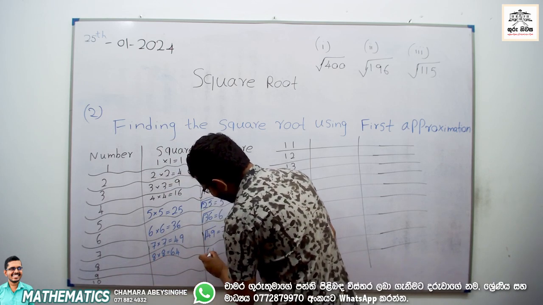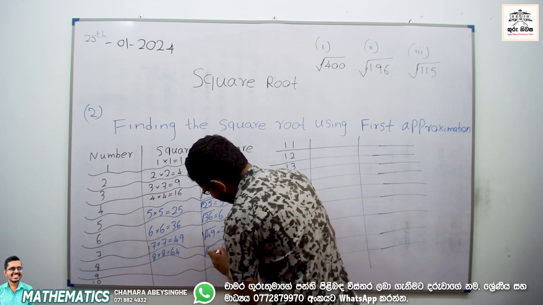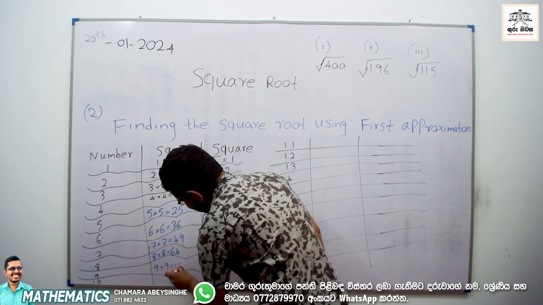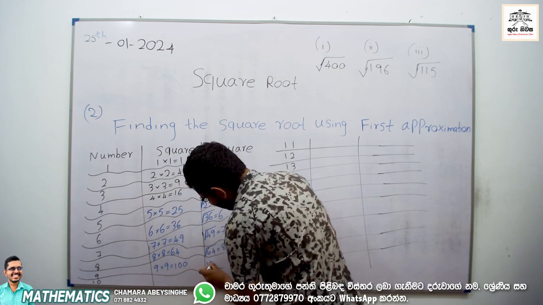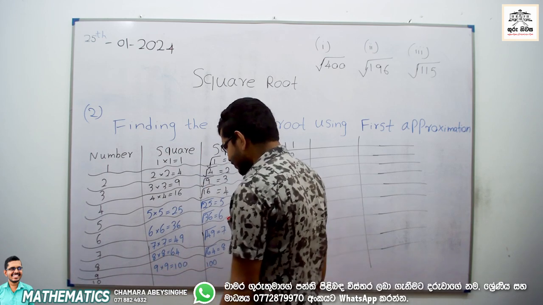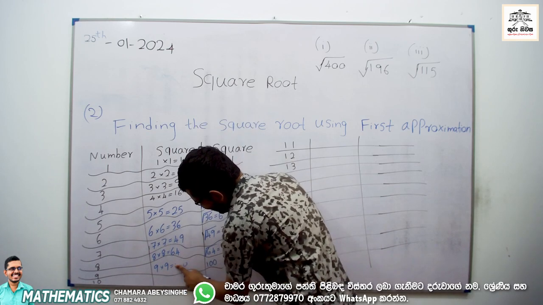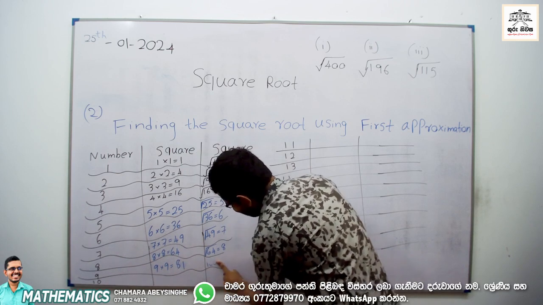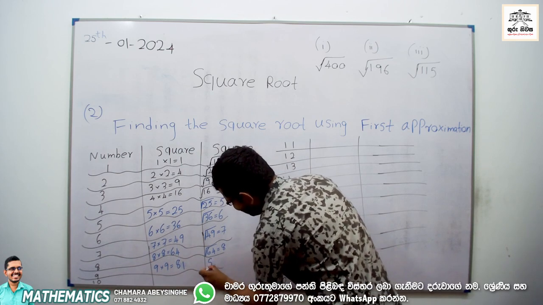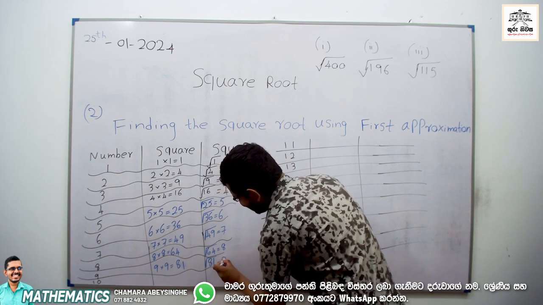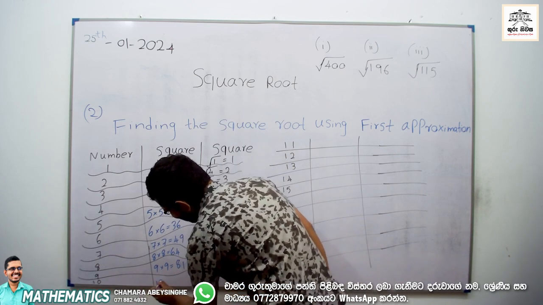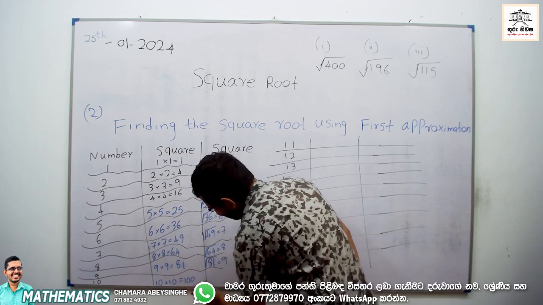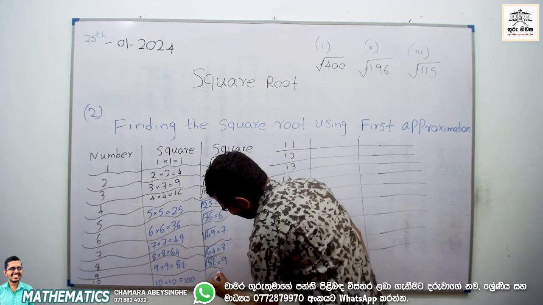Square root 64 is 8. Sorry, 9 times 9 is 81. That was a big mistake. Square root 81 is 9. 10 times 10, 100. Square root 100 is 10.